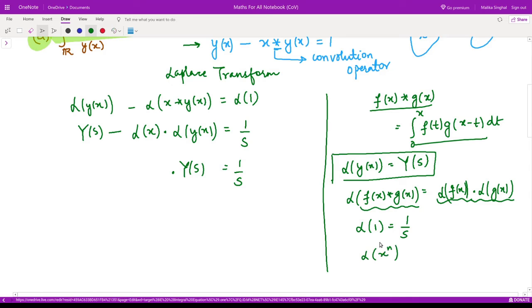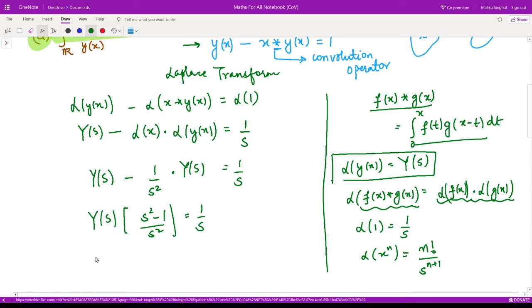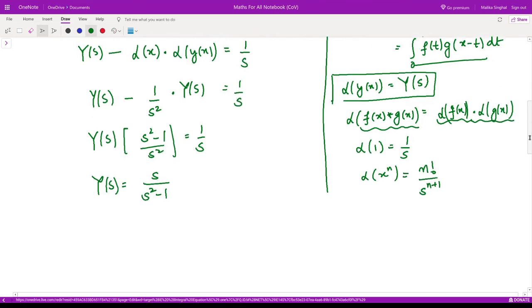We know the Laplace transform of x raised to power n is equal to n factorial divided by s raised to power n plus 1. So it would be equal to 1 upon s square. So we have this term, we can take Y of s common, so we have (s square minus 1) divided by s square, which is equal to 1 upon s. So ultimately, Y of s is s divided by s square minus 1. Now we obtain this term.